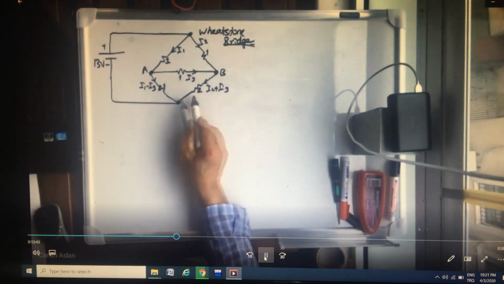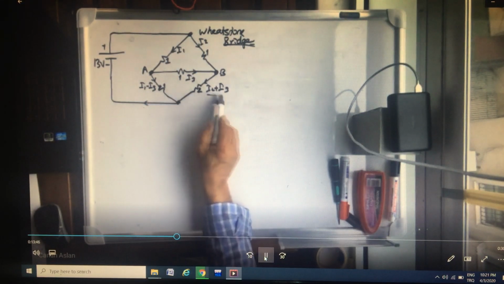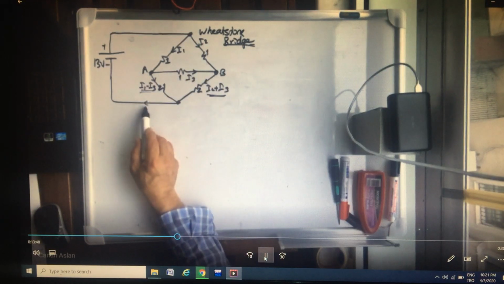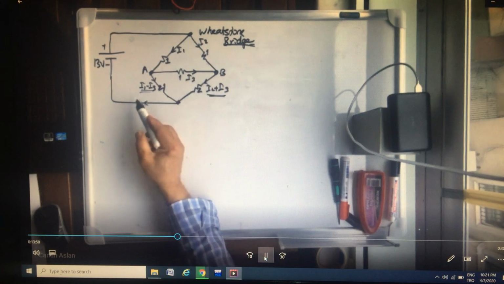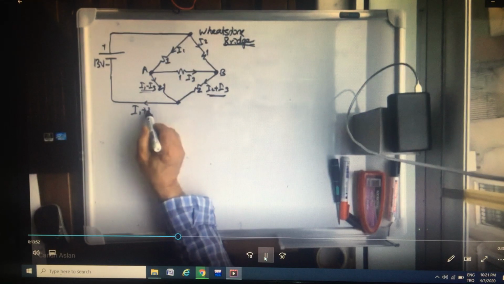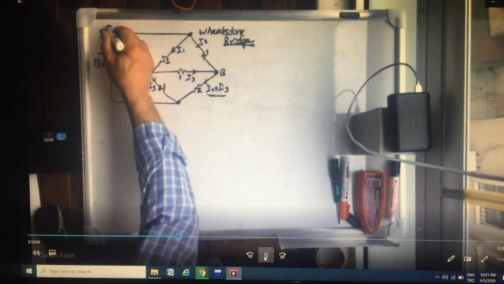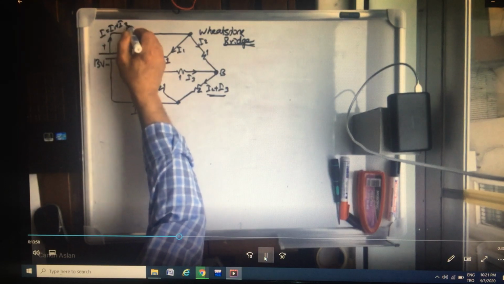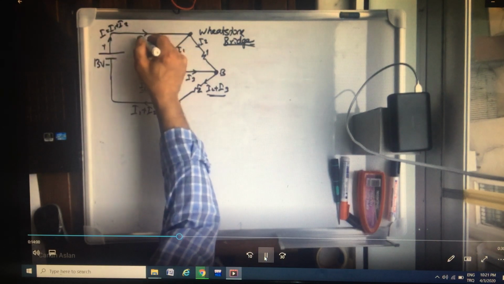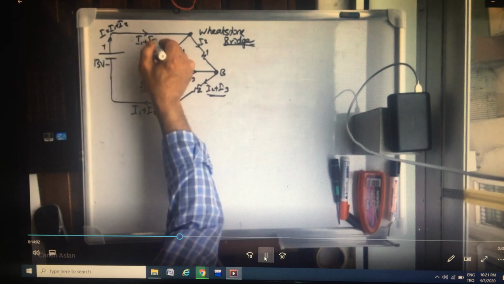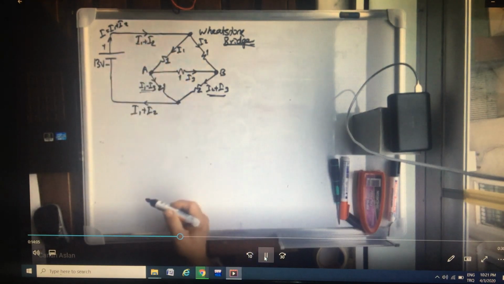Now, both of these currents are coming, so when you add them up, this is the current I will have. As you see, the I3s will cancel, and I will have I1 plus I2 there. So I, which is leaving here, is just I1 plus I2. But I'm not using another name, so this is also I1 plus I2. This is more practical, so that you can solve the problem quicker.